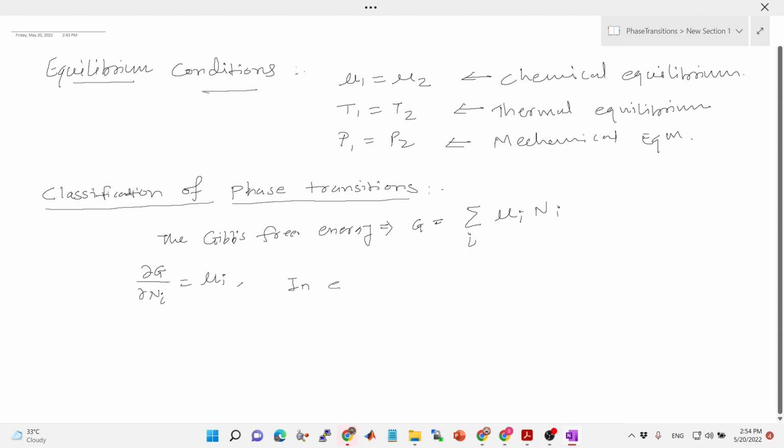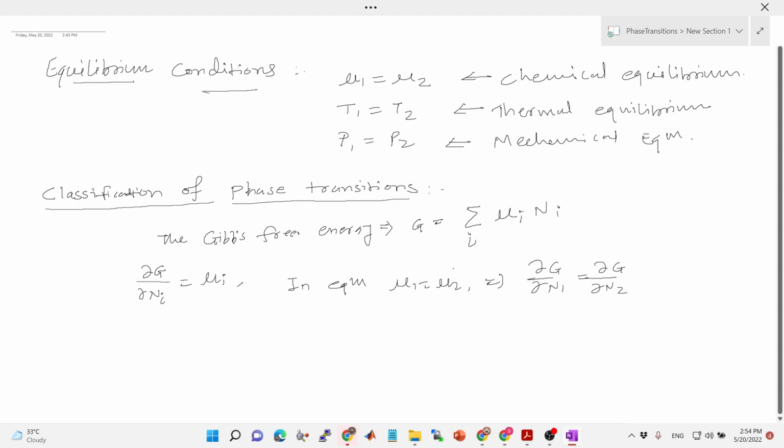In equilibrium, we know that mu_1 is equal to mu_2. That means delta G by delta N_1 should be equal to delta G by delta N_2. So this is from your condition of chemical equilibrium.